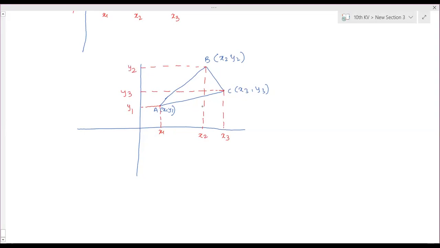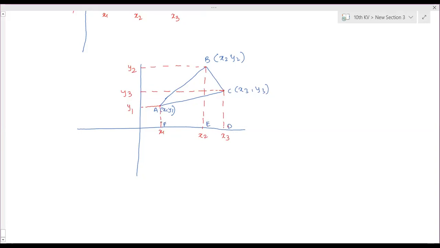Now, to find the area of the triangle, we have to take the lower part, that is this trapezium. Suppose we take these points: this is A, B, then this is C, this is D, E, F.